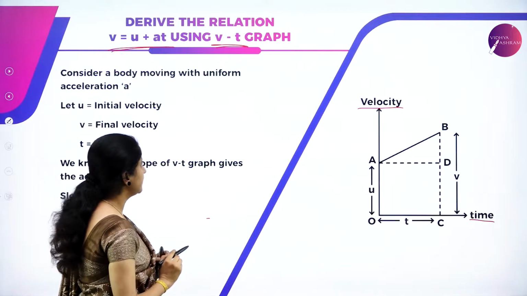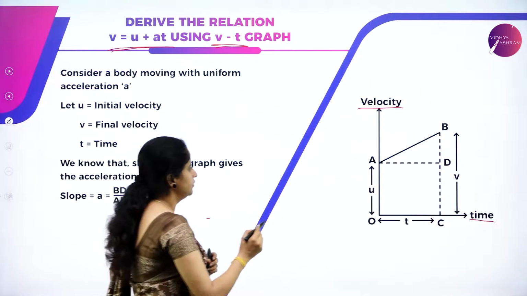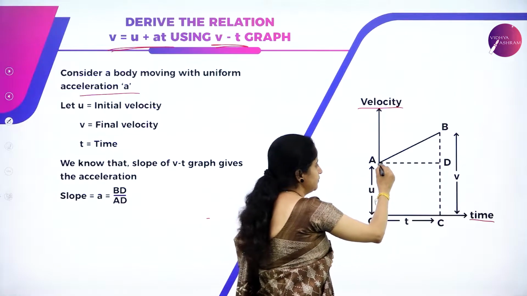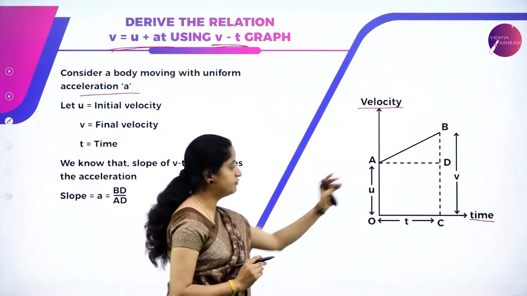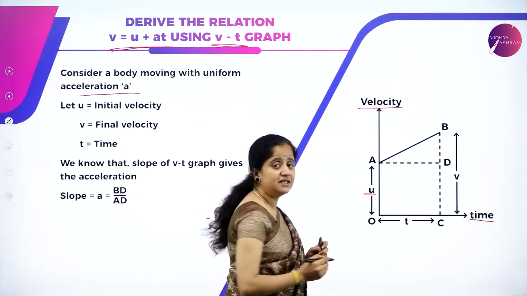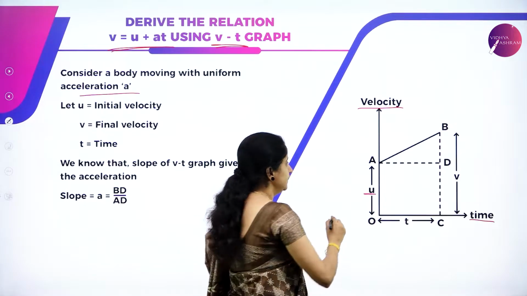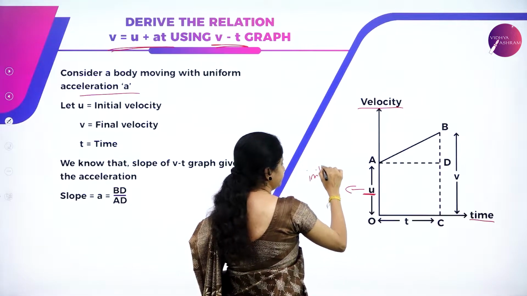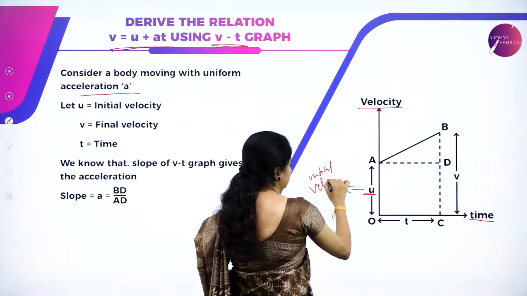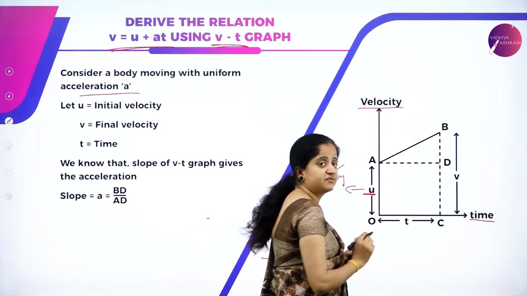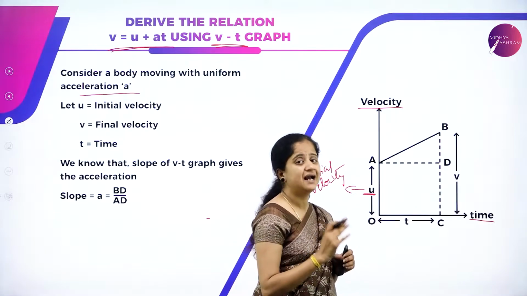Now let us consider a body which is moving with uniform acceleration A. You can see here the body is moving with a uniform acceleration. Now let us consider U be the initial velocity of the body. In this graph, U is nothing but initial velocity. Here, the velocity of the body is changing with respect to time, which is nothing but acceleration.